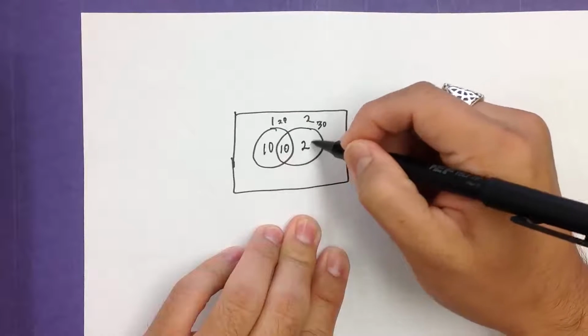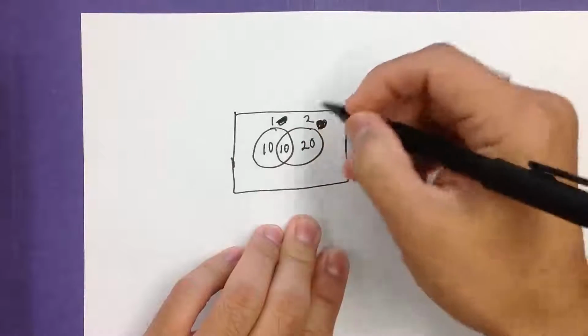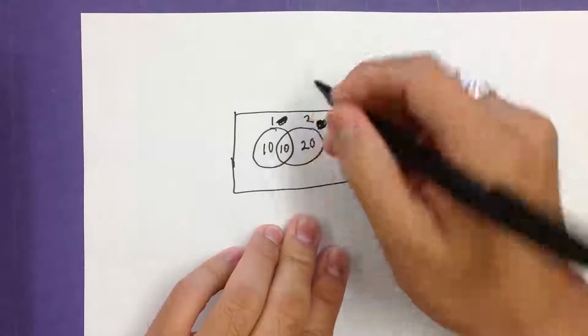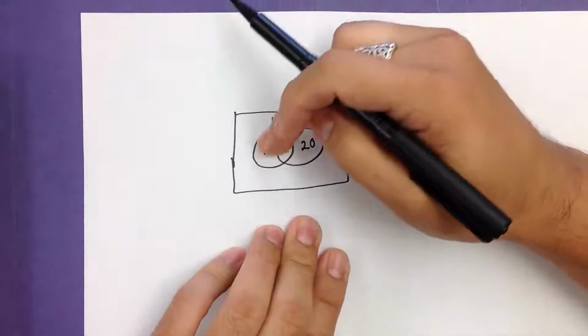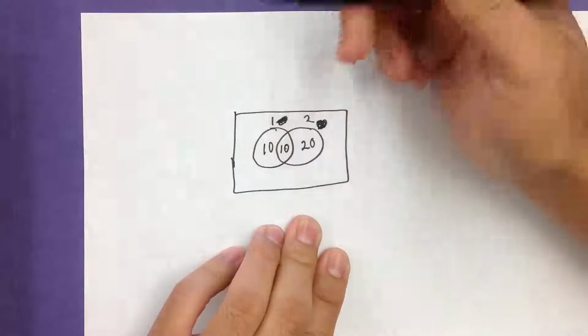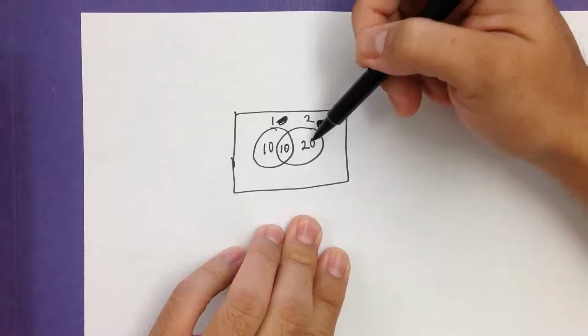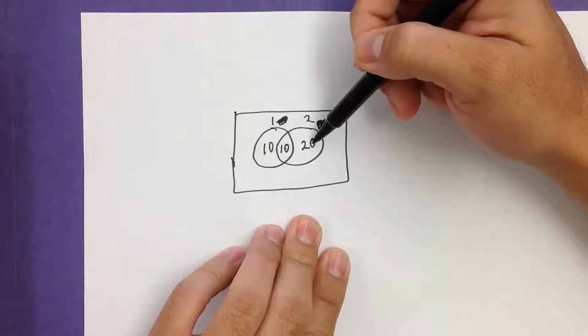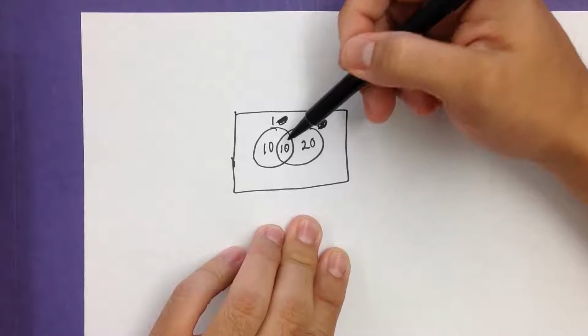And 30 minus 10 would be 20. So that tells me what percentage these are. The probability that only Gate 1 is open is 10%. The probability that Gate 2 is the only gate open is 20%. And the probability that both of the gates are open is 10%.